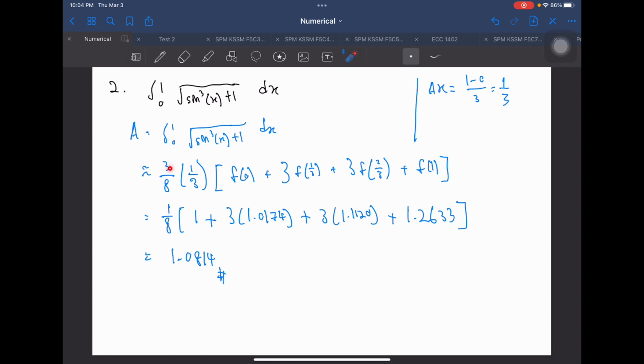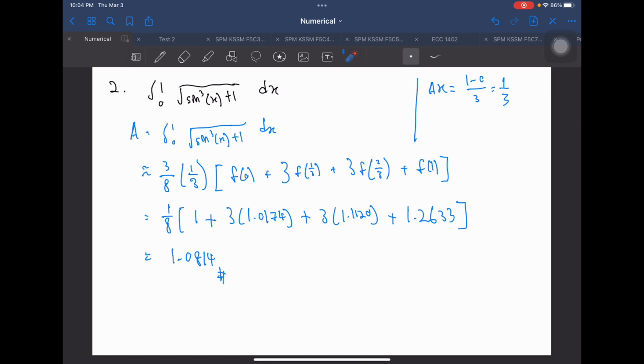Okay, so as usual, 3 over 8 times delta x. So this is a plus delta x, a plus 2 delta x, b, and 1, 3, 3, 1. So now you just plug in this f(x), square root of sine cubed x plus 1, using these values.